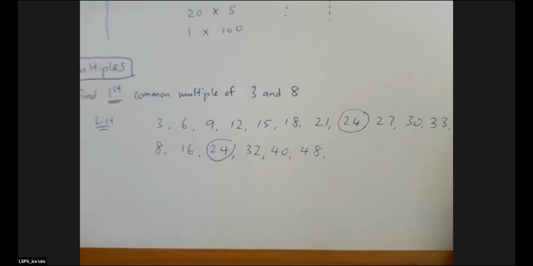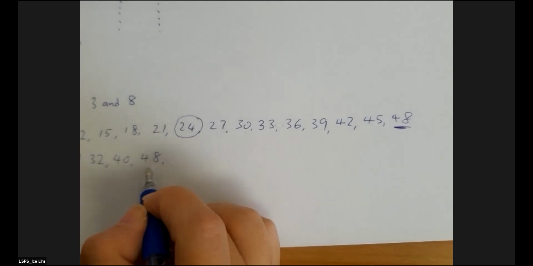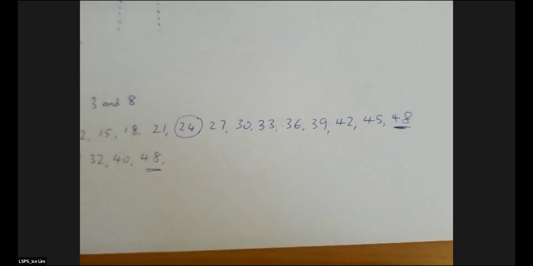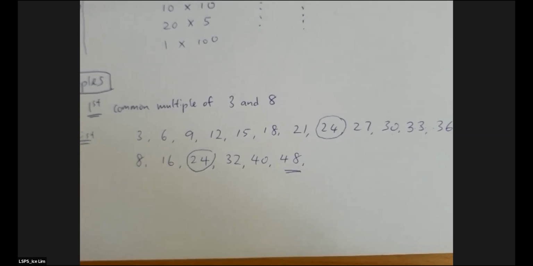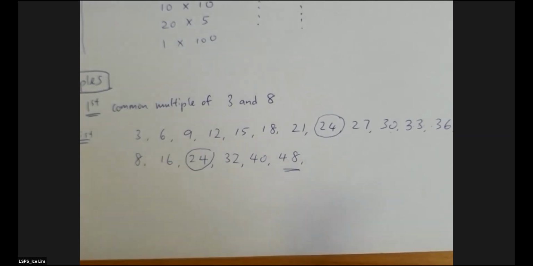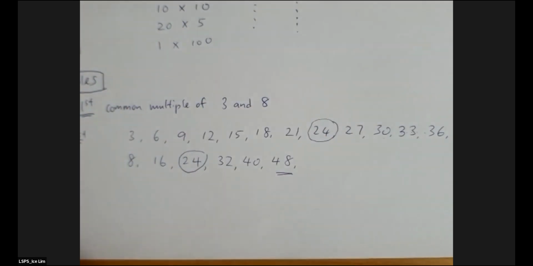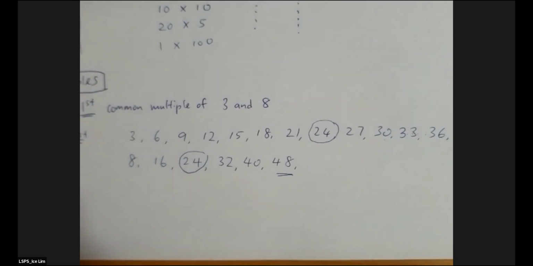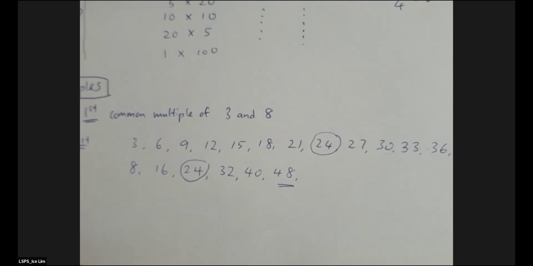Oh, there's another one here. 48 is also a common multiple of 3 and 8. But the first one is 24. Correct? Roshan was very quick just now. He didn't even list and he said 24. Are you very sure? Oh, it turns out it is 24.